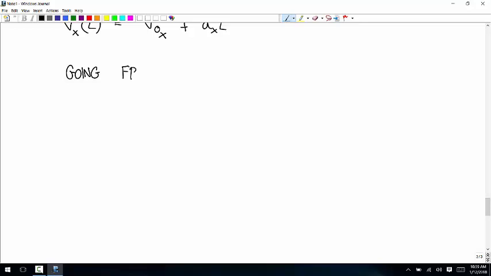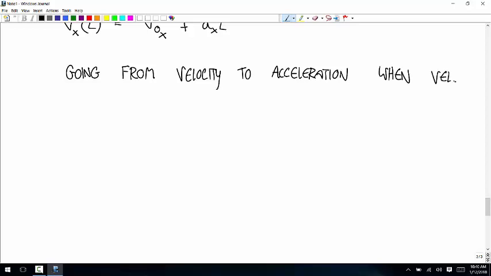So let's say we're trying to go from velocity to acceleration when the velocity is not explicitly a function of time.